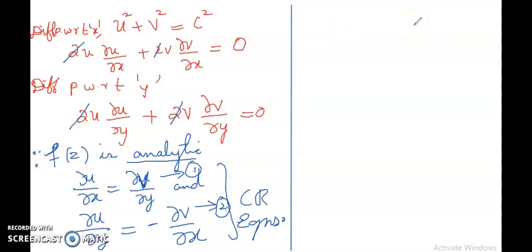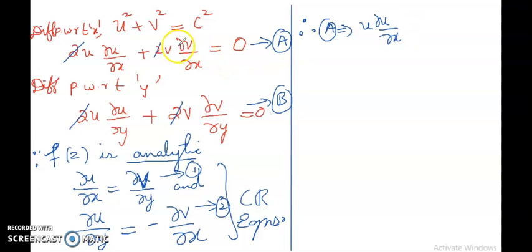Now let me take the earlier two equations as a and b. Therefore a implies u into dou u by dou x, and what is dou v by dou x from equation 2? Dou v by dou x is minus dou u by dou y.